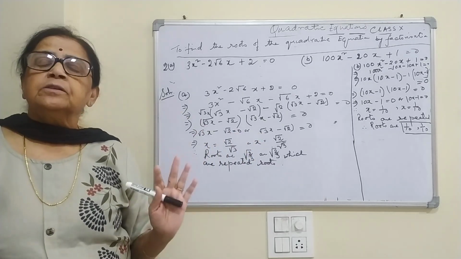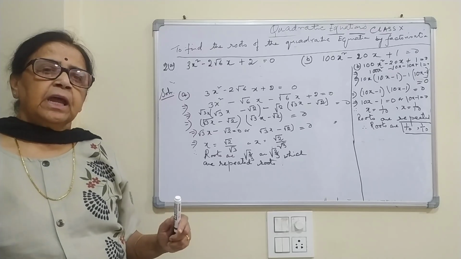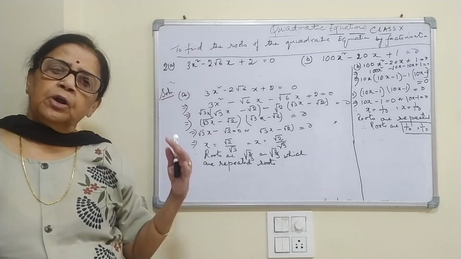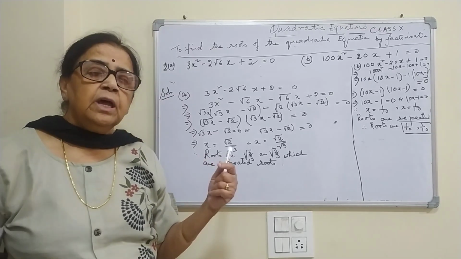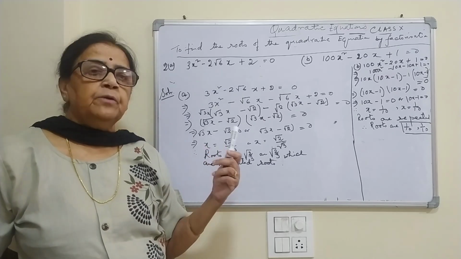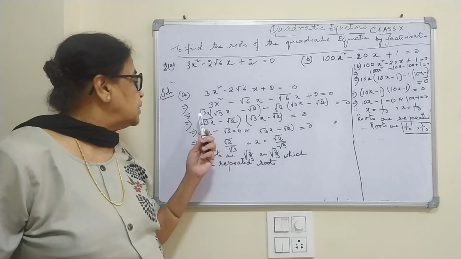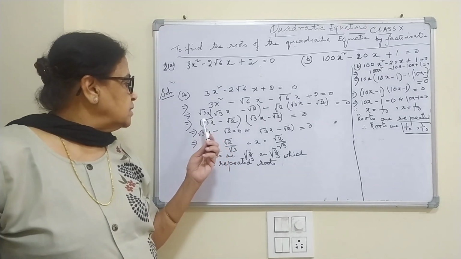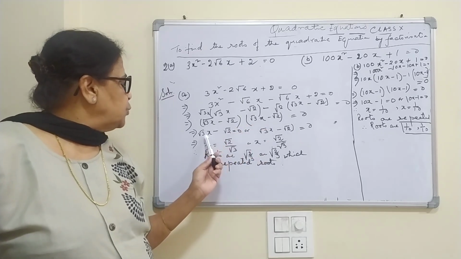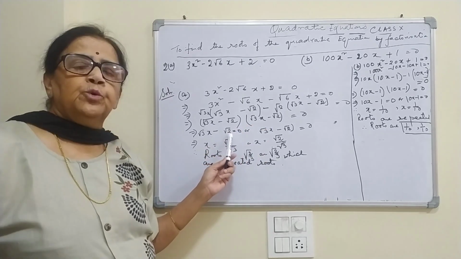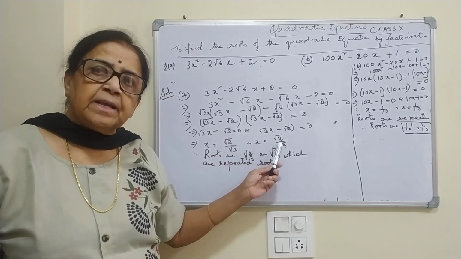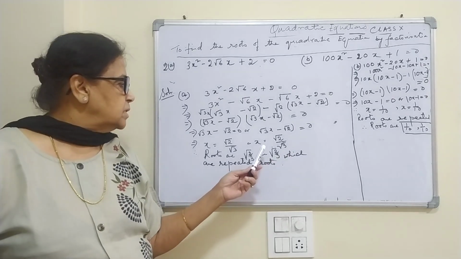Product of two factors is equal to 0 means either the first one is 0 or the second one is 0 or both the factors are 0. Equating both the factors, what do I get? Root 3x minus root 2 is 0 or root 3x minus root 2 is equal to 0.